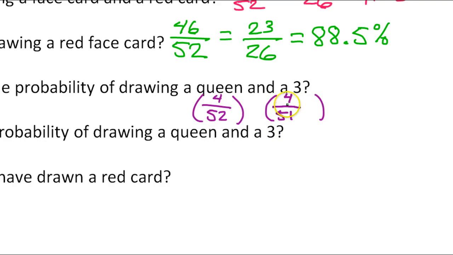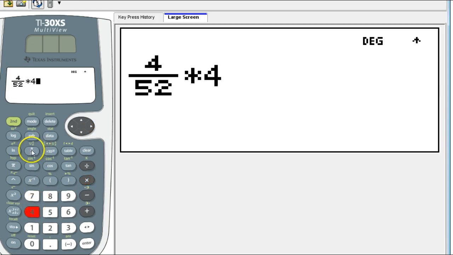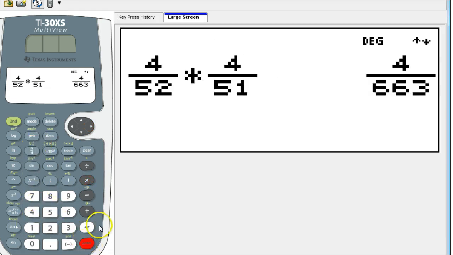So this calculation will give us the probability of pulling out these 2 cards in a row. Alright, so 4 out of 52 times 4 out of 51. Okay, so that's 4 out of 663.